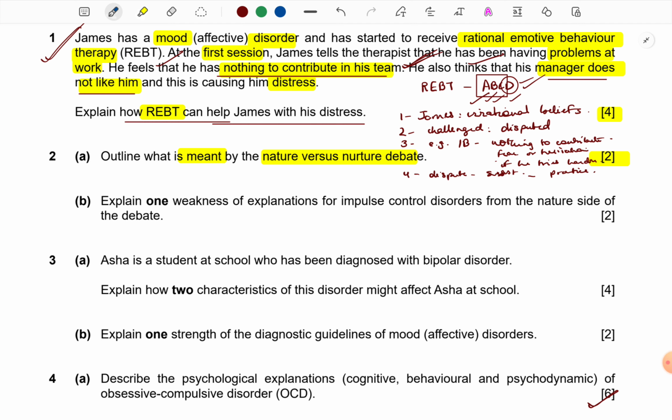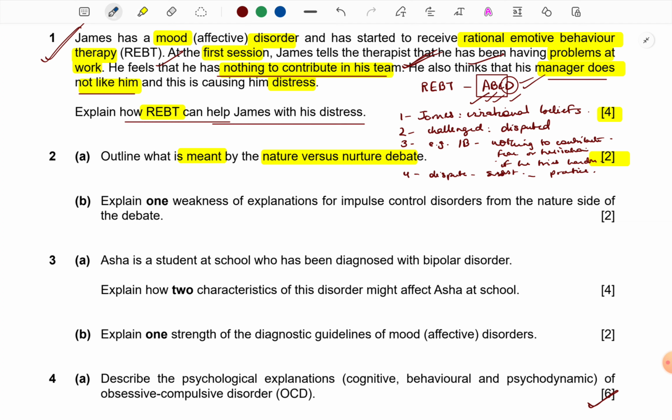Be very clear in what you intend to say. Don't memorize one word and give one word answers and make it appear like it's a one sentence answer just by saying nature is this. So nature is genes, nurture is environment. They're asking you what is the implication of nature and nurture in the debate. They don't want to know your one word answers.